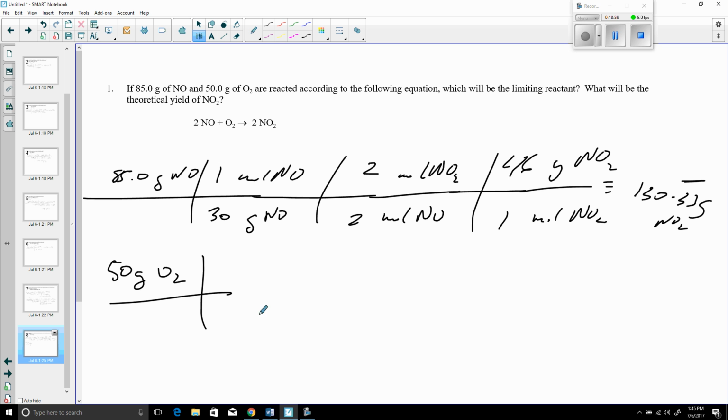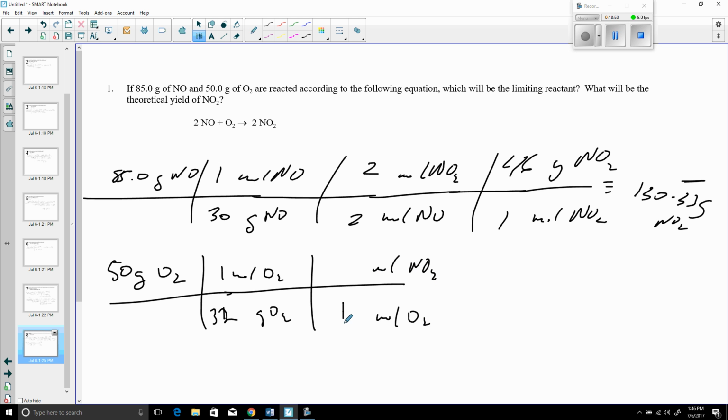All right, and then the last one, 50 grams of oxygen. Convert this to moles, grams of O2. This is going to be 32 grams is equal to 1 mole of oxygen. Use the ratio, moles of oxygen to moles of NO2. 1 mole equals 2 moles. And then lastly, convert moles of NO2 to grams of NO2.